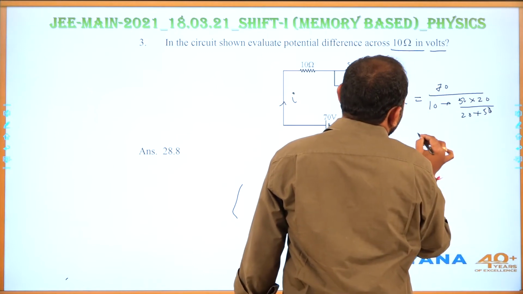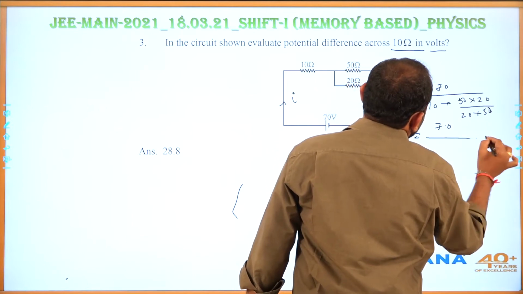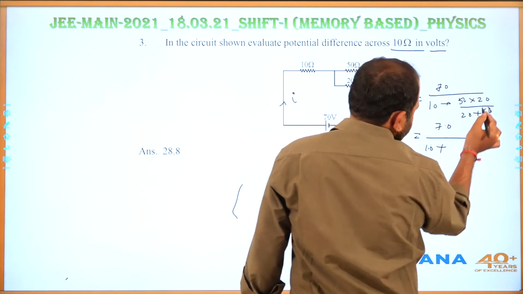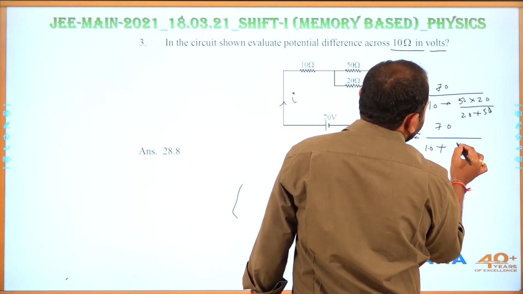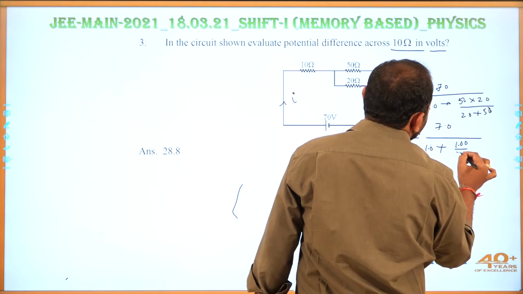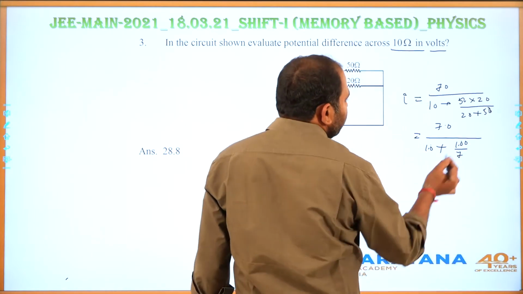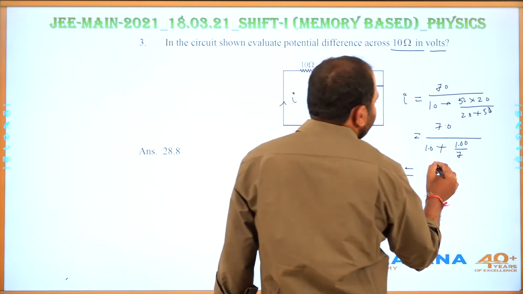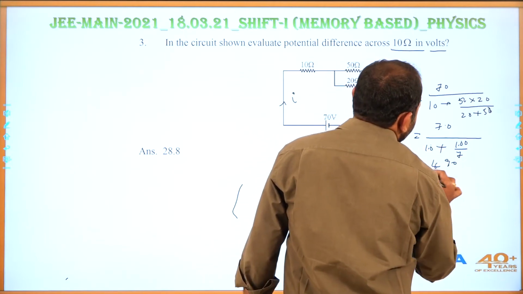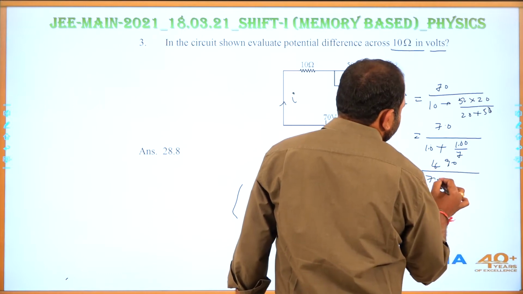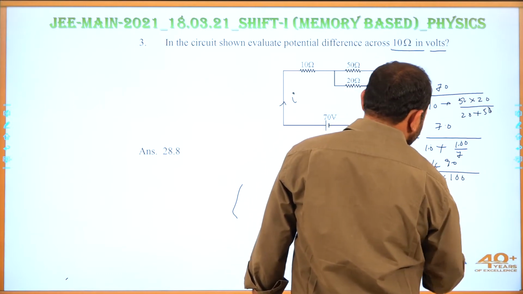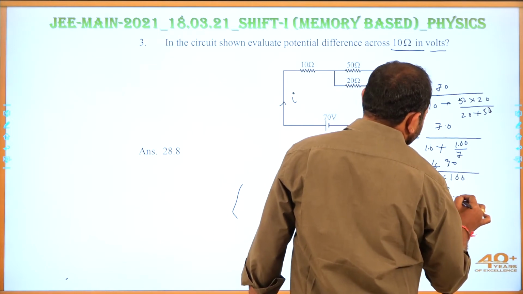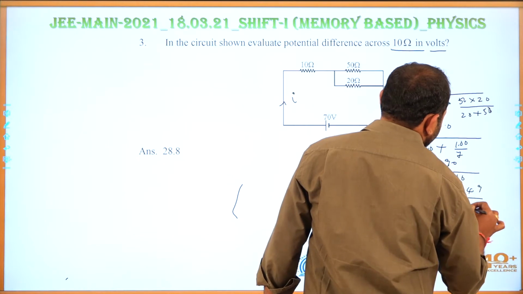This can be rewritten as 70 by 10 plus 1000 by 70, or can be written as 100 by 7. Multiplying with 7 in the numerator and denominator, it will be 490 divided by 70 plus 100. This is equivalent to 490 by 170, or this is 49 by 17.